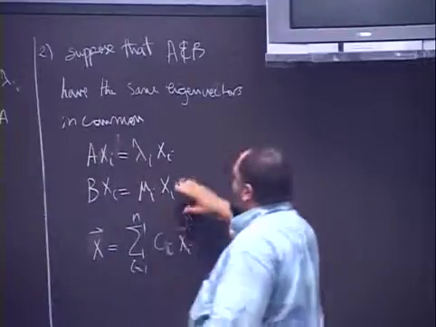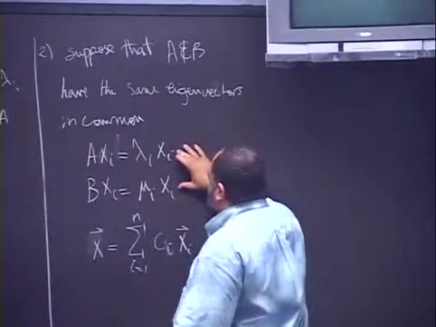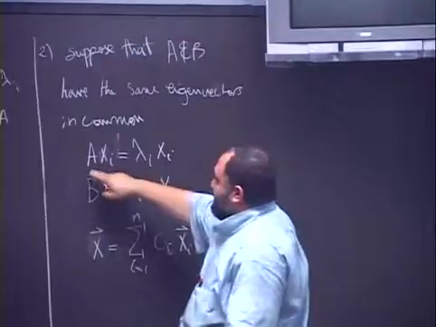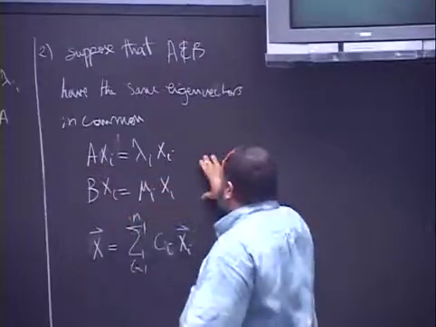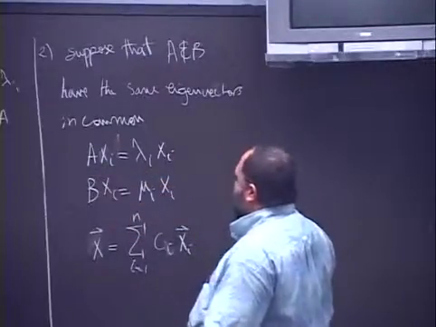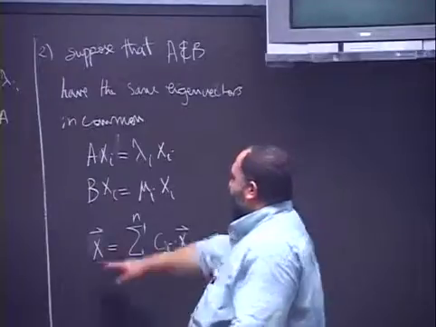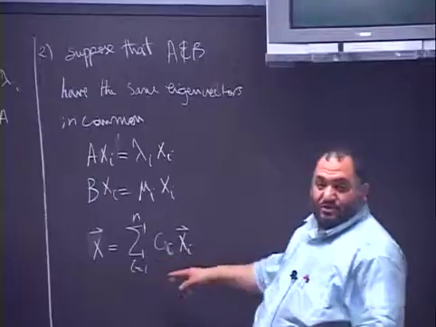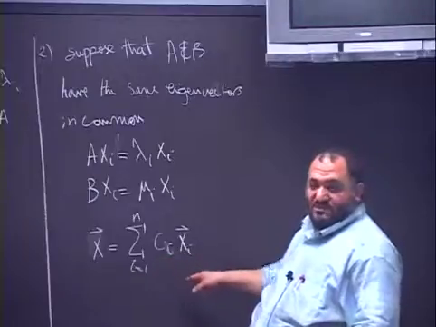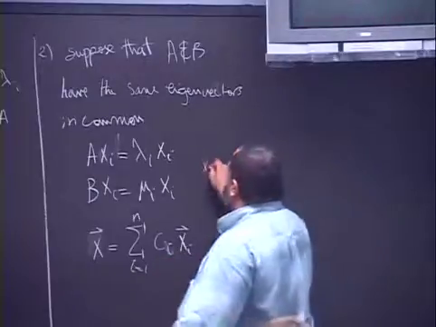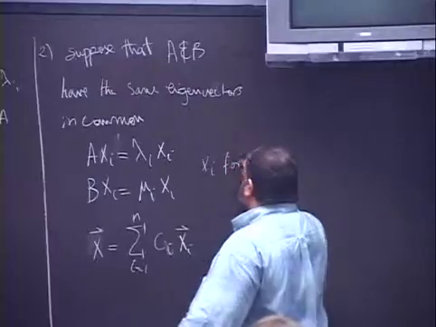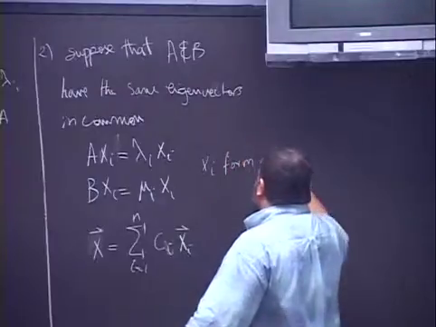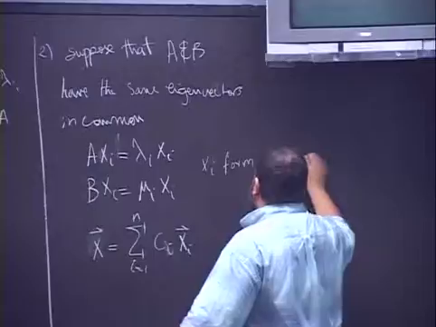So the eigenvectors of both matrices A and B, normal matrices, will form a basis for the linear vector space. I can write any vector in this linear vector space as a linear combination of those base vectors. So Xi form a basis.